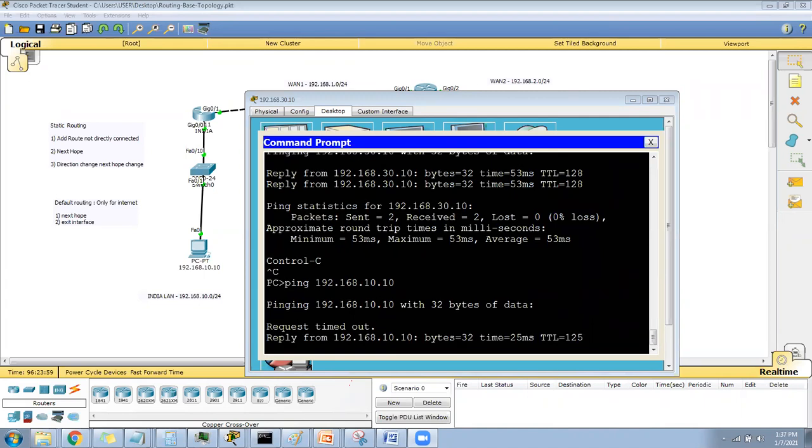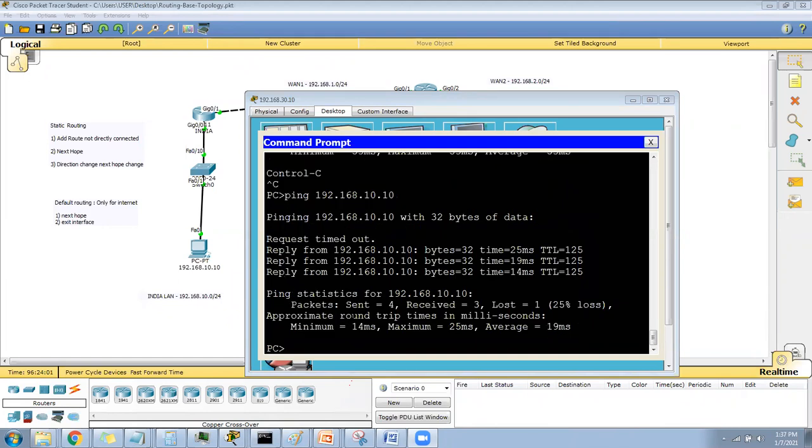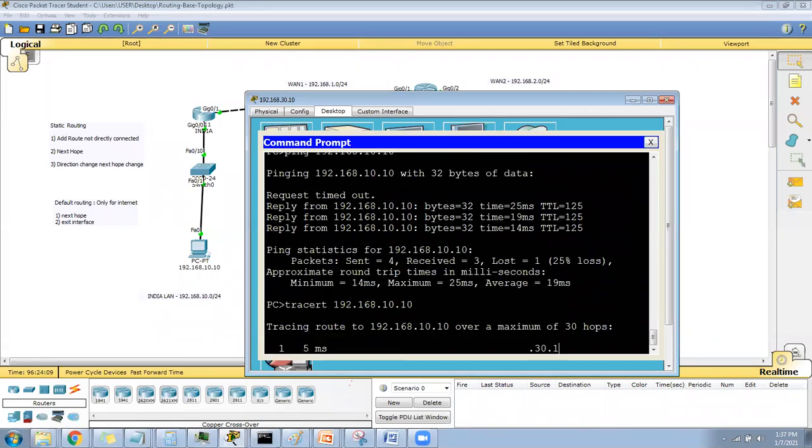It's pinging, right? It's happening via the default route. Now if I do the traceroute to the same address, first it goes to the gateway, then it will say request timeout, and finally it reaches.